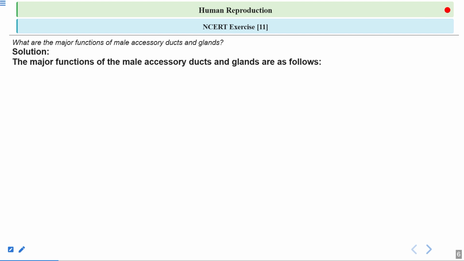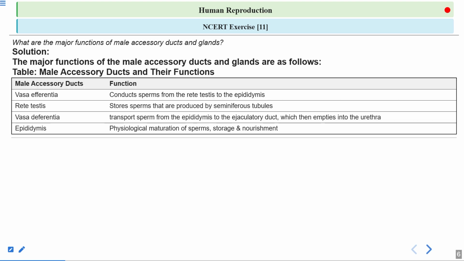So let's have a look at the answer now. The major functions of the male accessory ducts and glands are as follows. This is a table showing you the functions of male accessory ducts. First we will discuss the functions of the male accessory ducts. The vas efferentia conducts sperm from the rete testis to the epididymis.